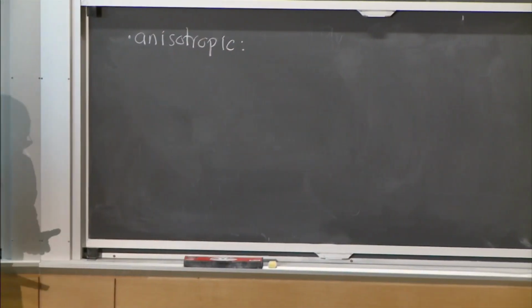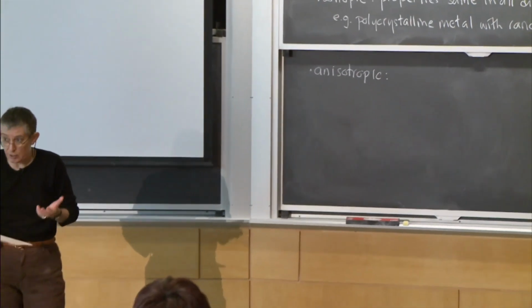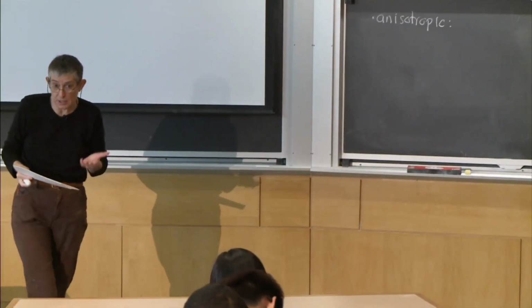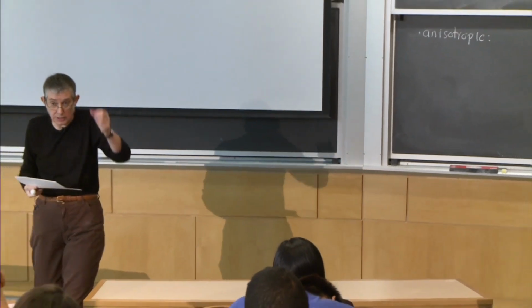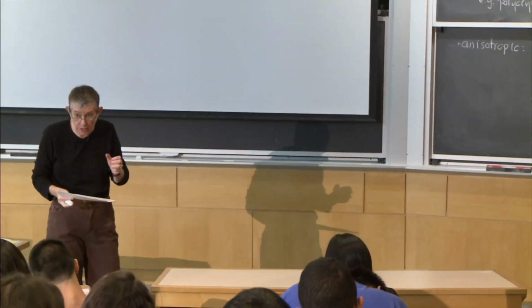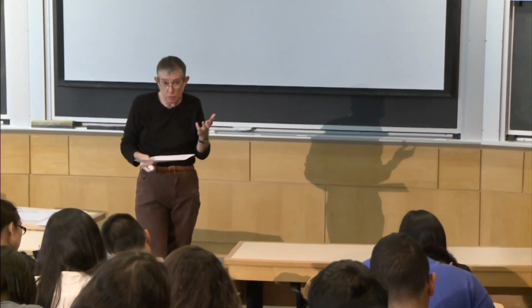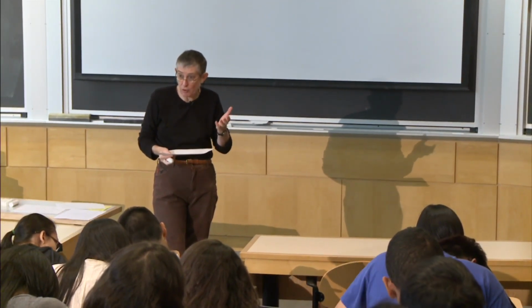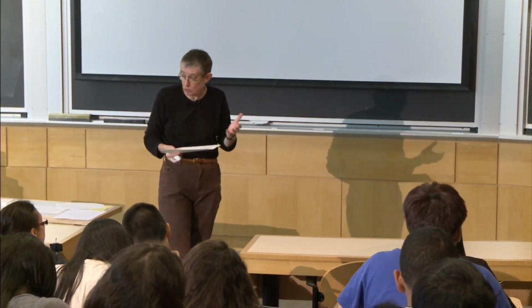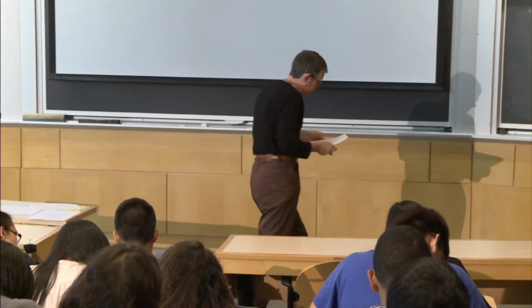So anisotropic just means that the properties are different in different directions. So if you think of something like wood, wood has a grain to it and the cells are oriented along the grain, and you sort of probably already intuitively know that wood is stiffer and stronger along the grain than across the grain. So wood has different properties in the different directions.